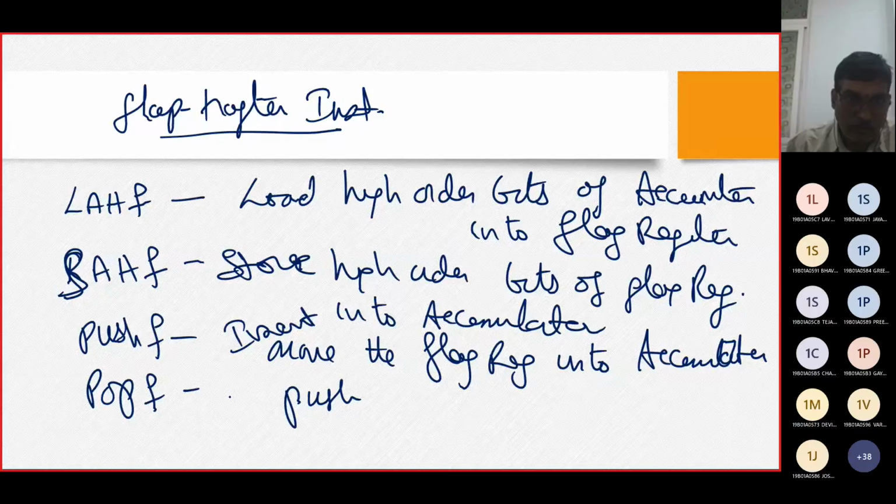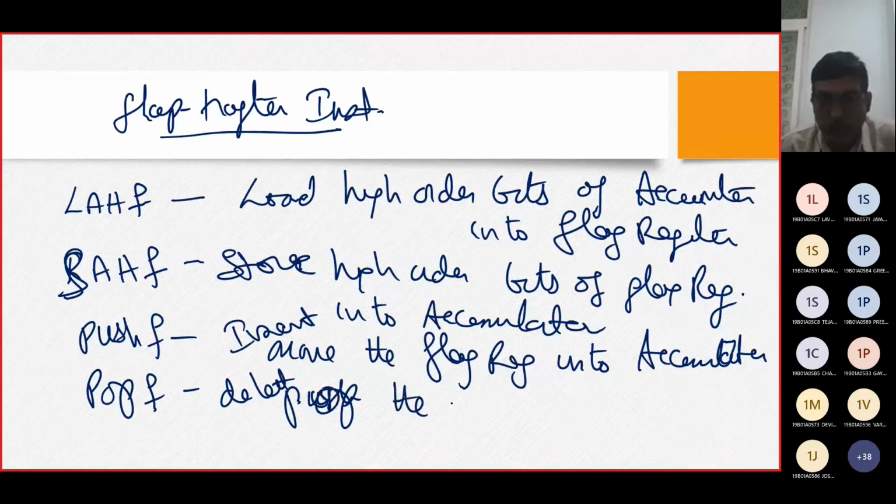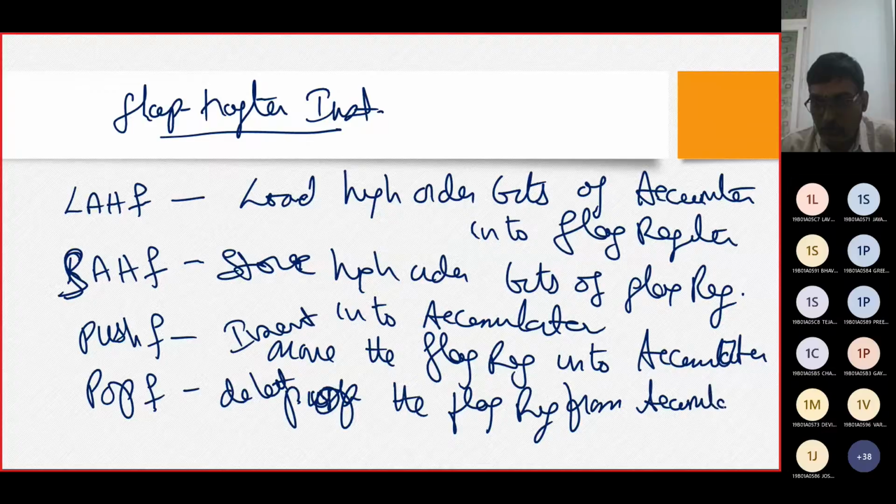Pop means delete or pop the flag register from the stack. So these four are the instructions that deal with the stack.